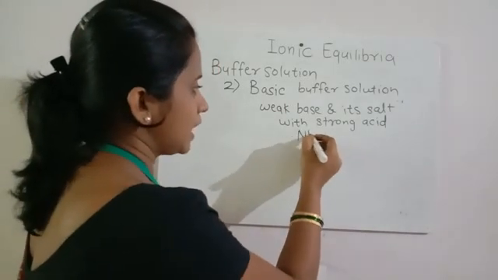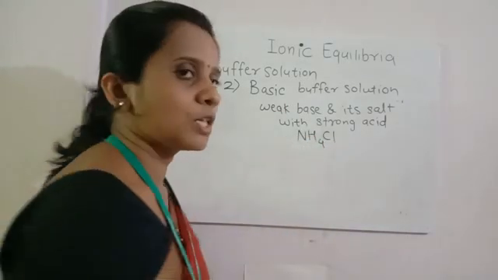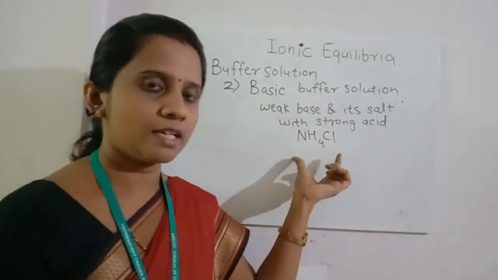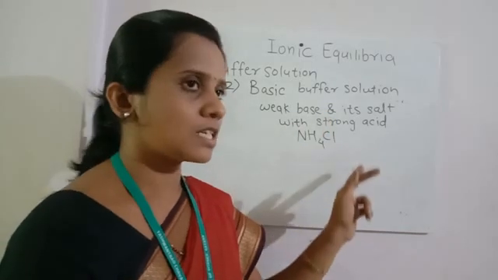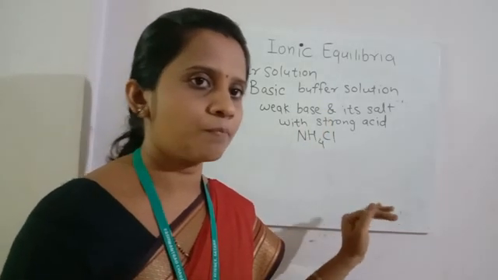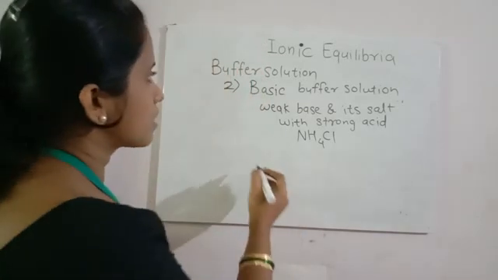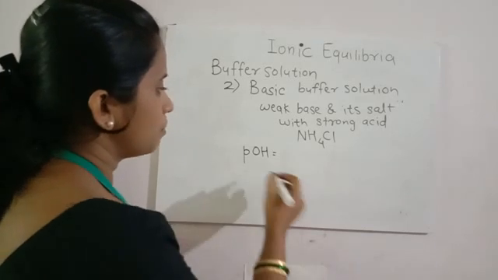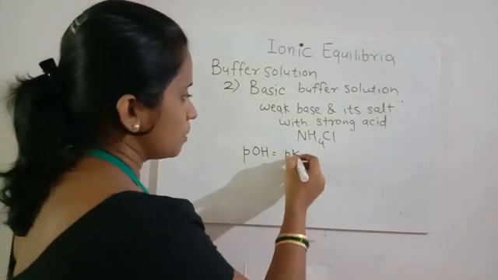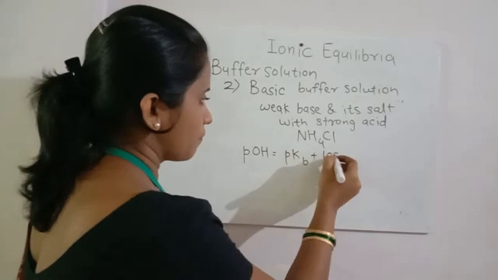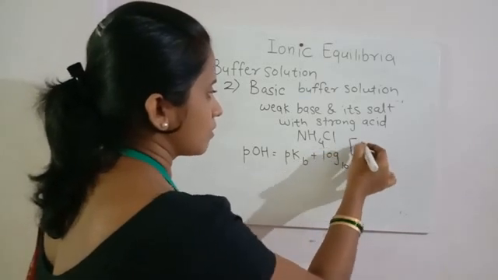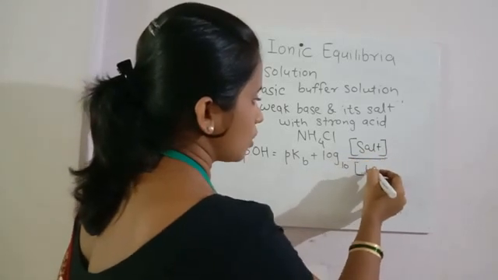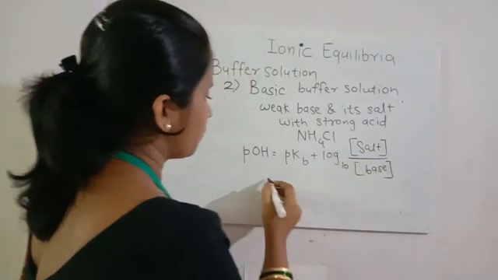Example we can take NH4Cl, ammonium chloride, in which NH4OH, that is ammonium hydroxide, is weak base and HCl is a strong acid. Now pOH of this basic buffer solution can be given by the expression pOH is equal to pKb plus log to the base 10 concentration of salt divided by concentration of base.